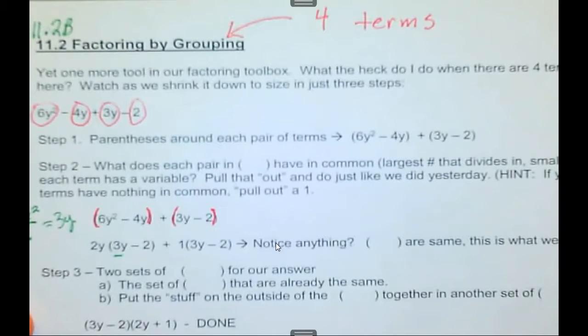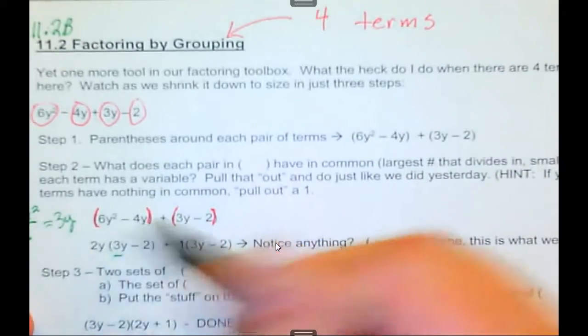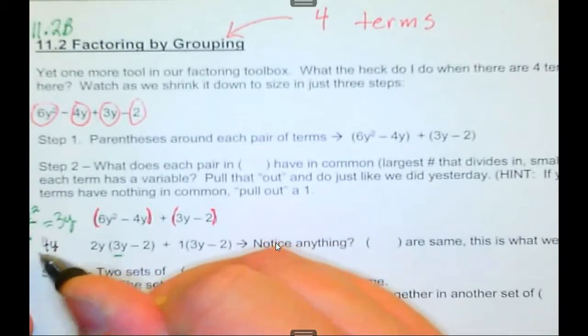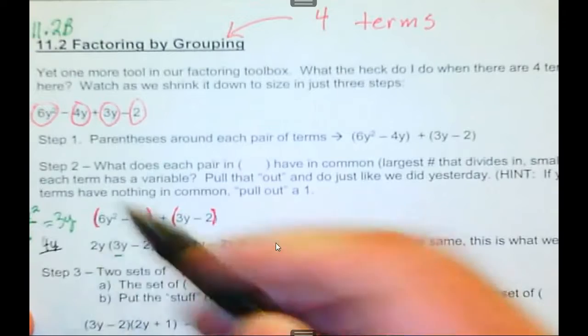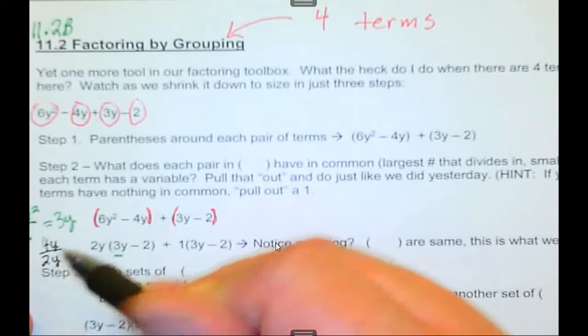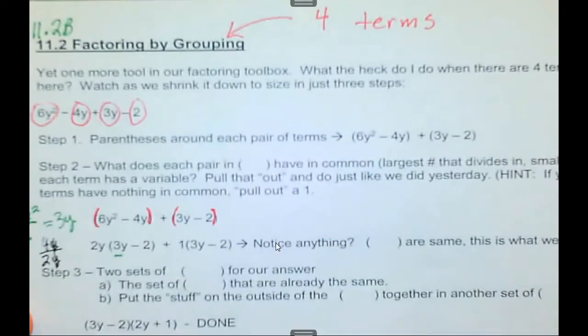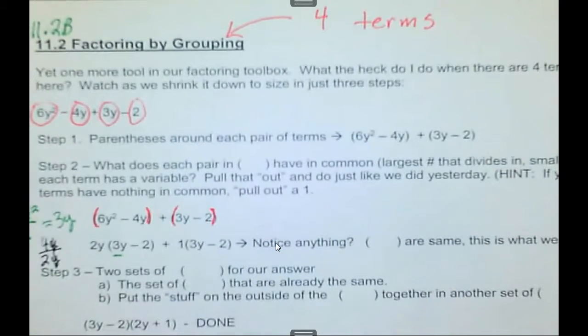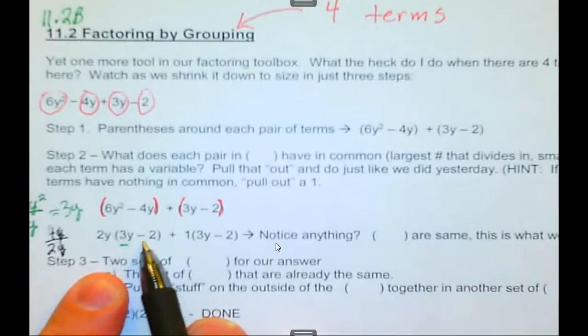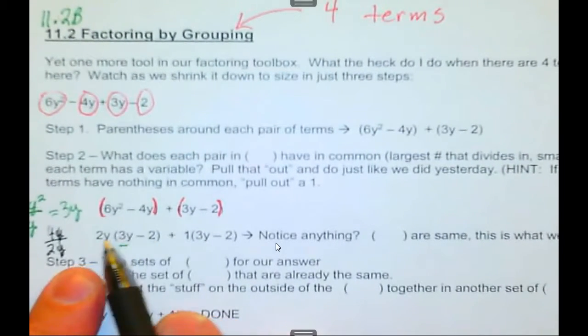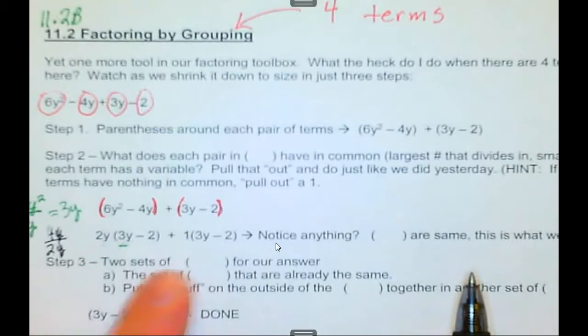And then how I get my 2 is, well, I take my 4y and divide it by my greatest common factor, 2y. So 4 divided by 2 is 2. My y's just cancel out. So that's how I get rid of it. So I end up with 3y minus 2, with the greatest common factor out in front. Don't forget that guy.